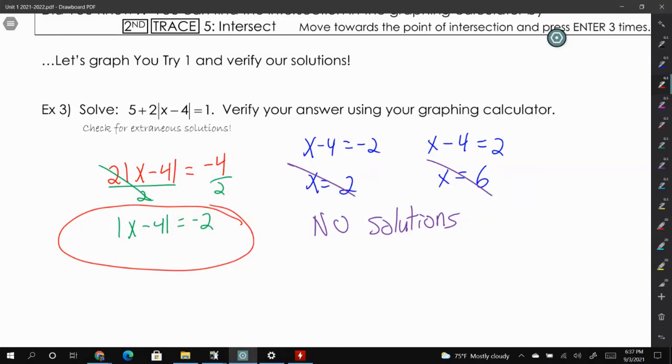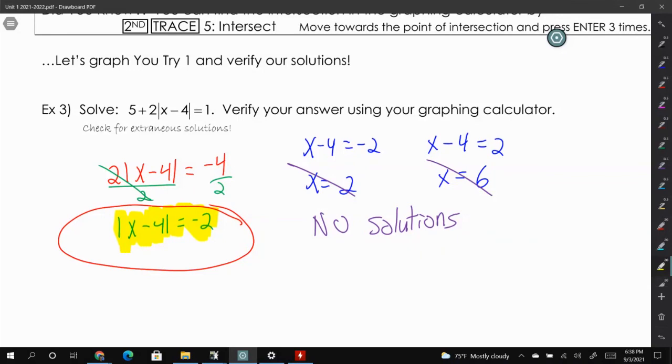So the absolute value of 55, the absolute value of -71, those are all positive numbers. What this is telling us right here, what I circled in red, is that once I take the absolute value of x minus 4, that value needs to equal -2, which can't happen. So you could get to this point where I circled and say there's no solutions at this point, and you'd be done with the problem.